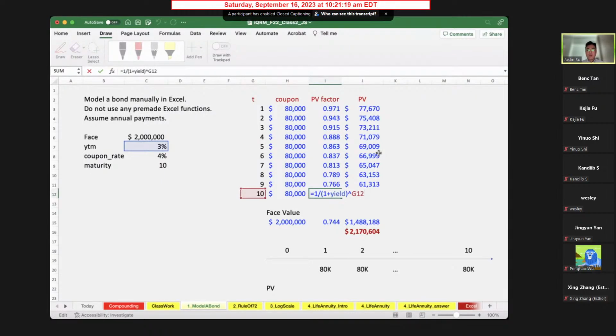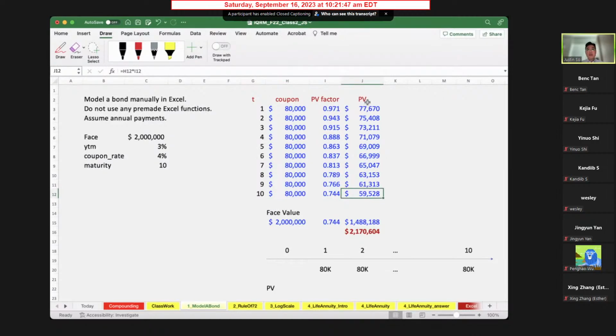The discount rate is still 3%, but to the power of 10. So the discount factor is much smaller compared to year 1. So we get the present value of only $59,000 for this $80,000 nominal value, because it's discounted 10 years.